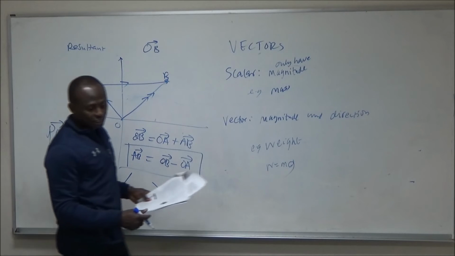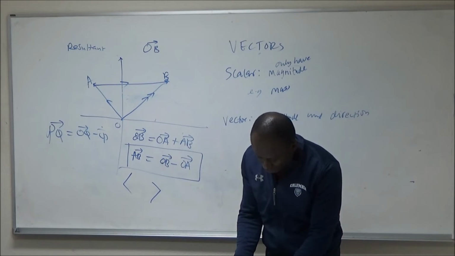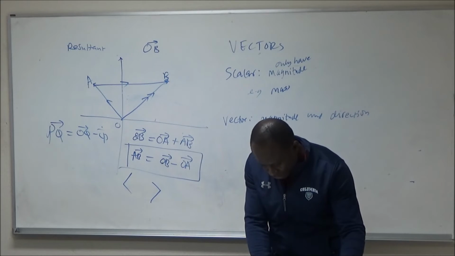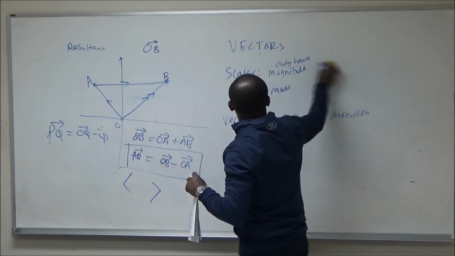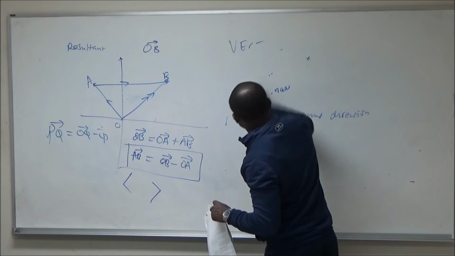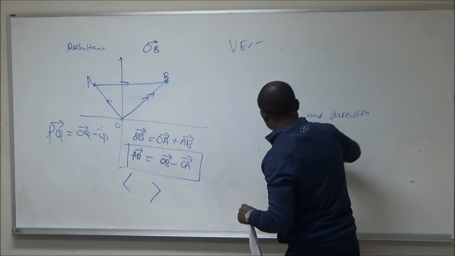Okay, so let's see some of the properties of vectors. So we have vector addition, vector subtraction, vector multiplication, all of that stuff.